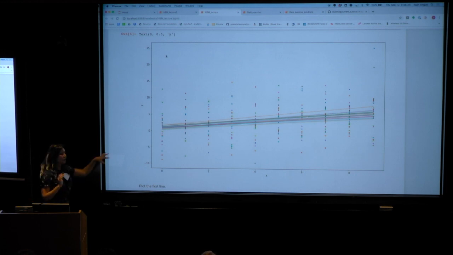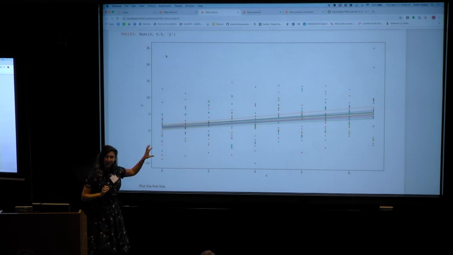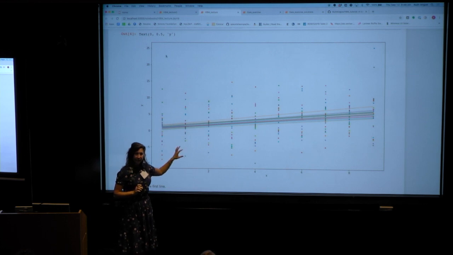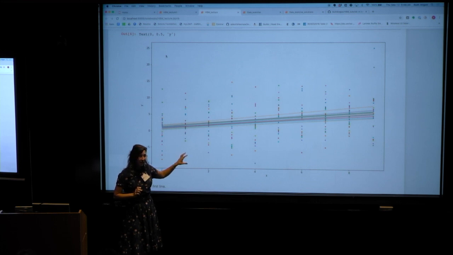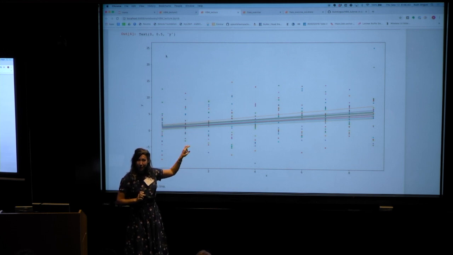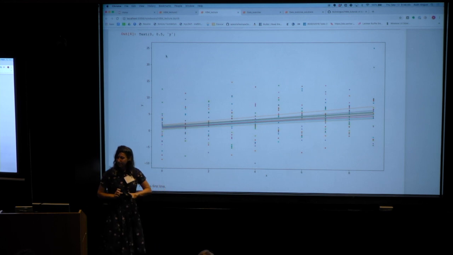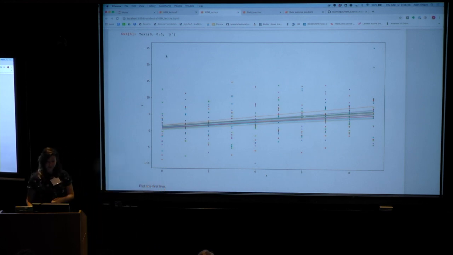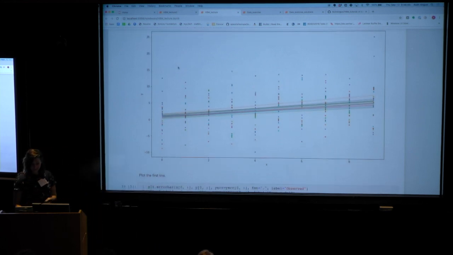But you can see that there's a lot of uncertainty here. Like sigma y is big. So this is kind of a scenario in which actually using all of these lines is going to help us infer the parameters of just one line, because there's a lot of noise and there aren't that many data points.